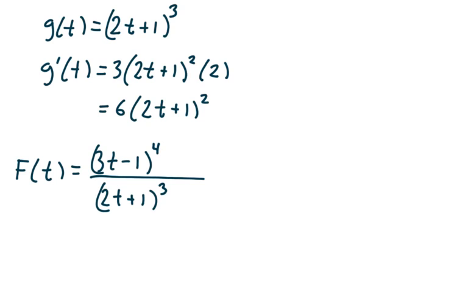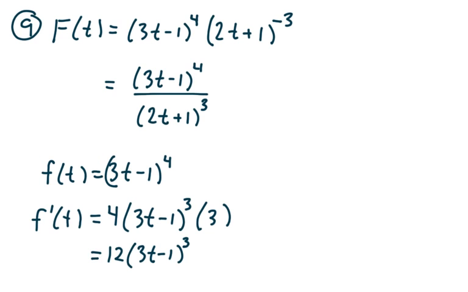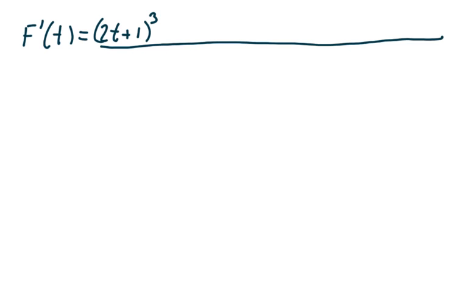Now, let's go back, and we want the derivative of the top function. The derivative of the top function is 12 times 3t minus 1 to the third. So I'm going to multiply by the derivative of the top, which is 12, again, times 3t minus 1 to the third. I'm going to go minus, and then I get 3t minus 1 to the fourth.